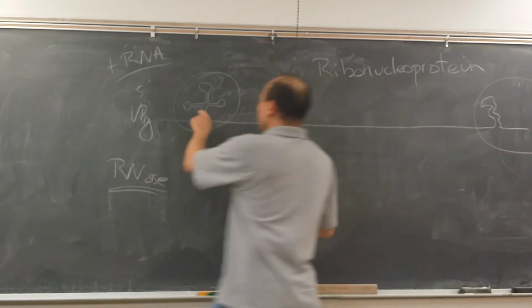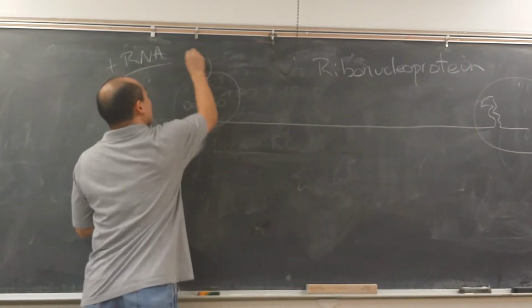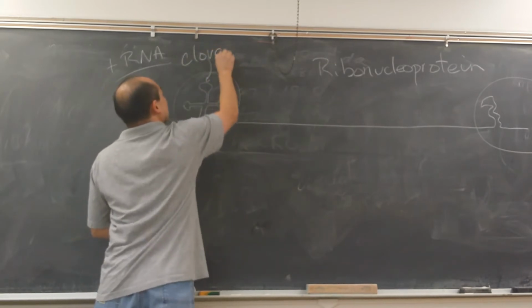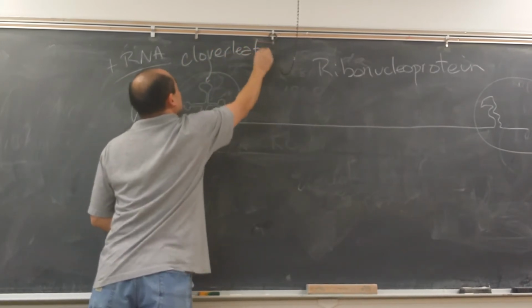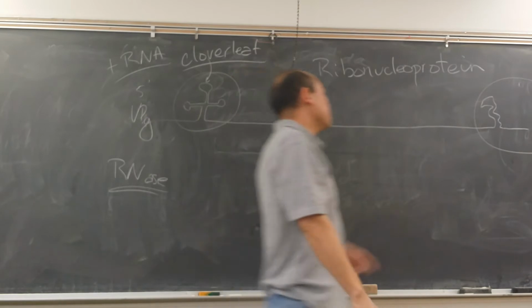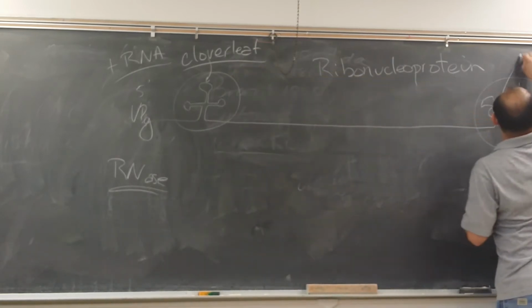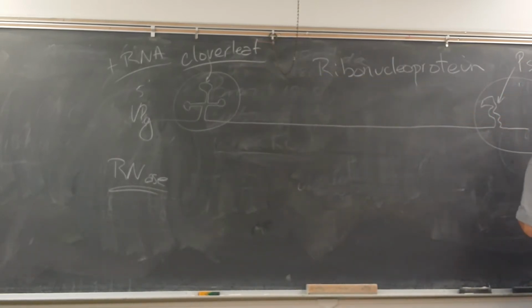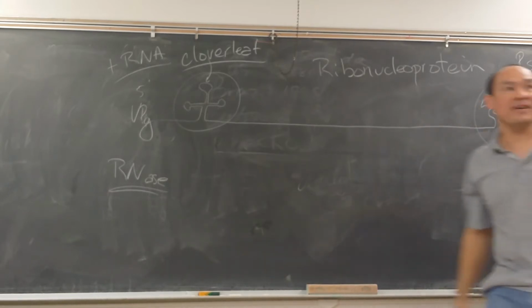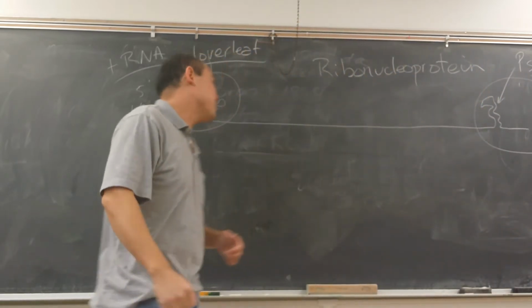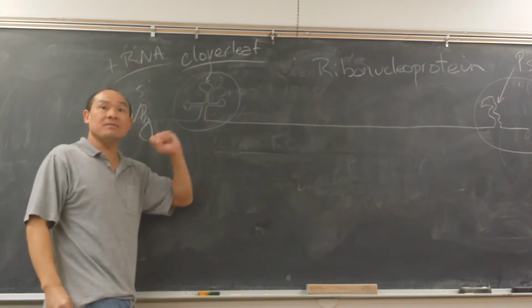So this structure right here is called the clover leaf structure. It has a number of functions, a couple of functions, and then this is called the pseudoknot. It also has a function. I'm not just telling you these words because they're fancy and I want to show off. Okay, they have a function.